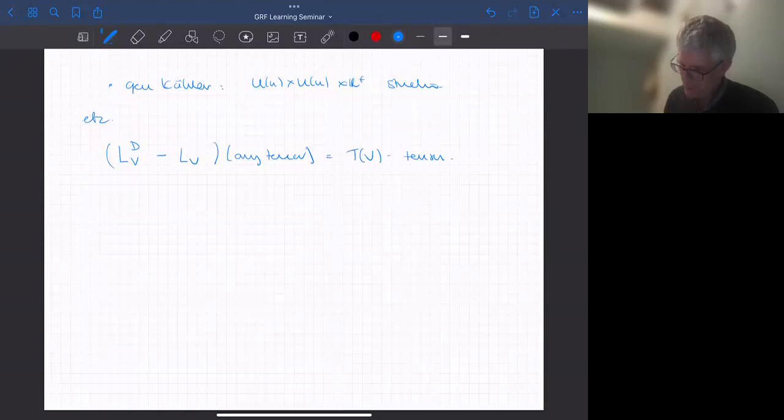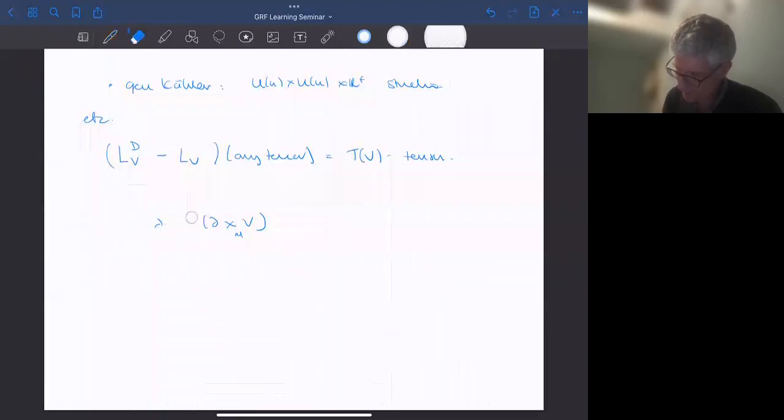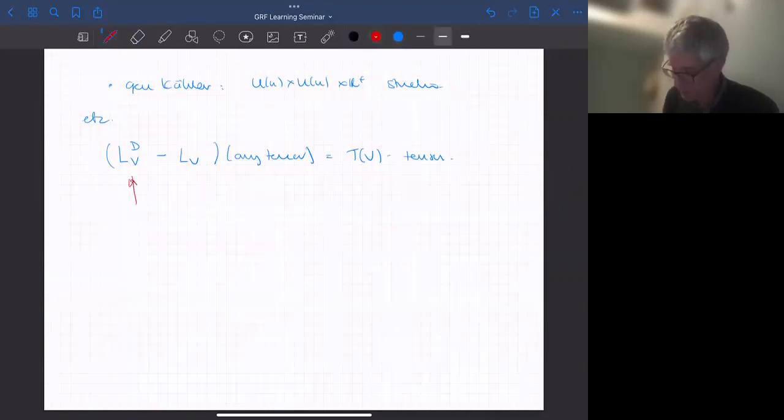So you know that in coordinates, I can write the generalized Lie derivative as something like this, where here I project onto the adjoint bundle. Let me just tell you what I mean by this object. I hope this is going to answer your question, but let's see.